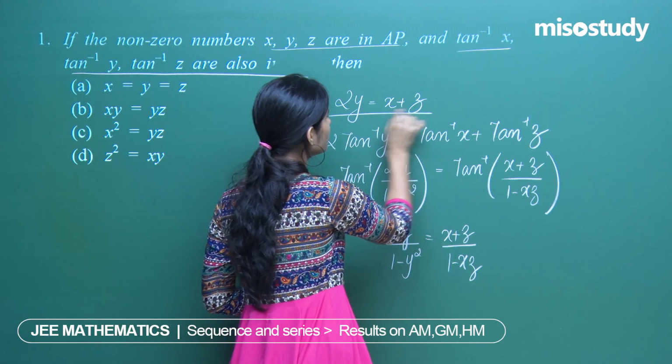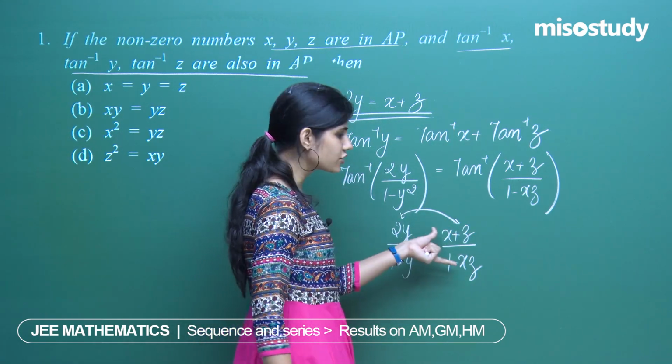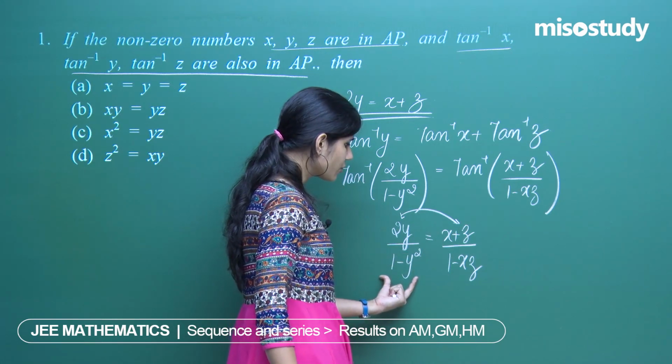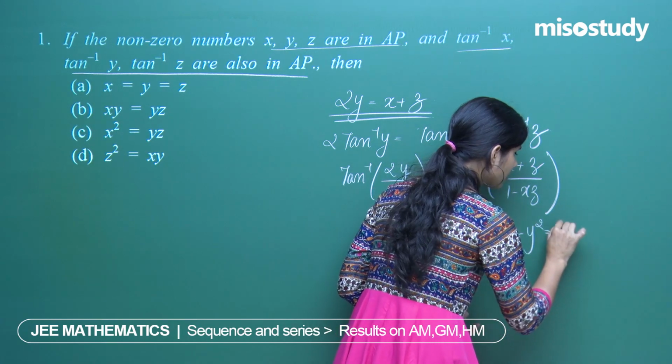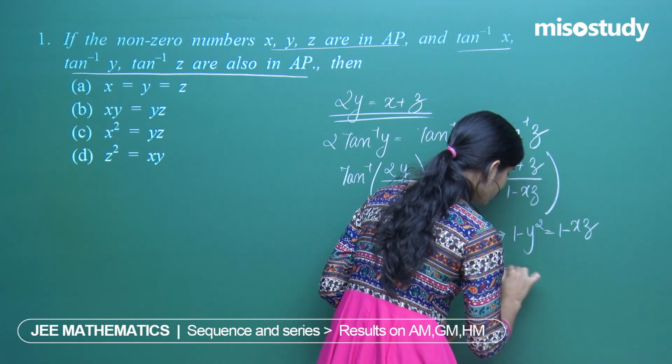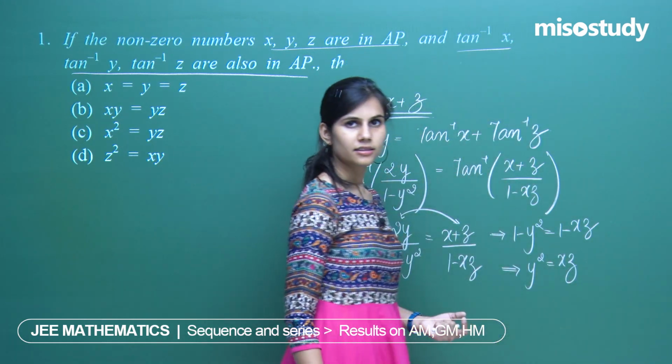Now 2y is equal to x plus z, the numerators are equal, so automatically for these fractions to be the same, 1 minus y square equals 1 minus xz. This eventually means y square equals xz.